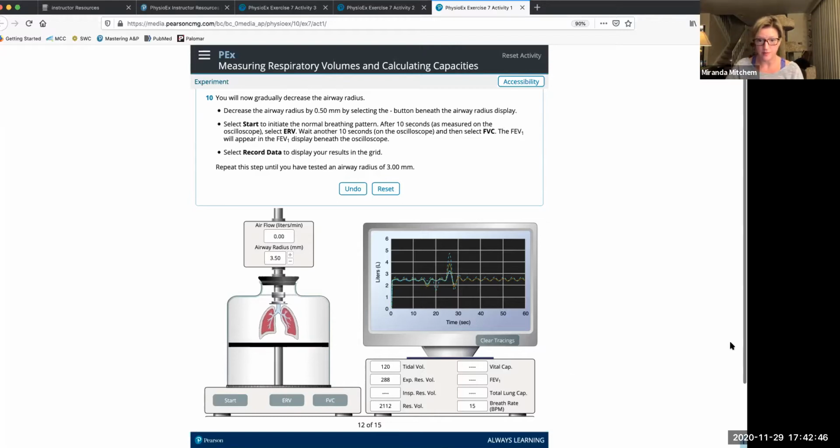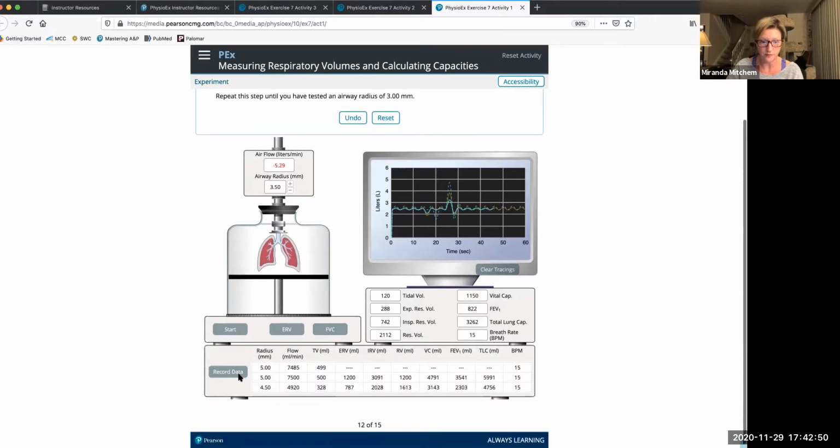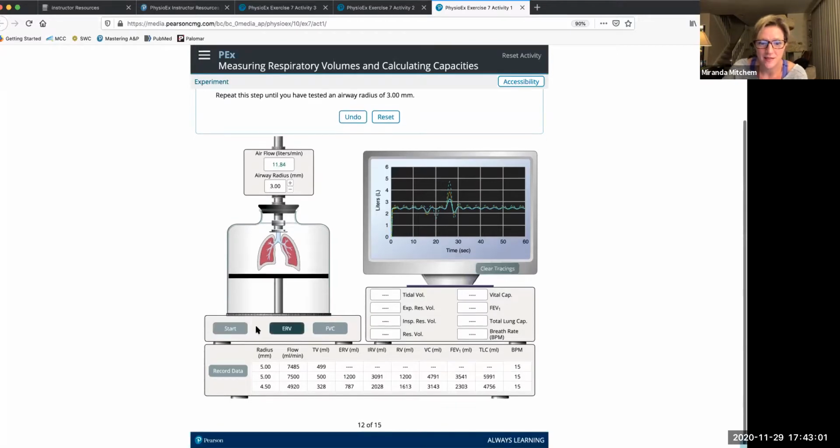And there we go. So it's decreasing proportionally again. And now let's go down to 3 and we'll start over. Okay, there we go.